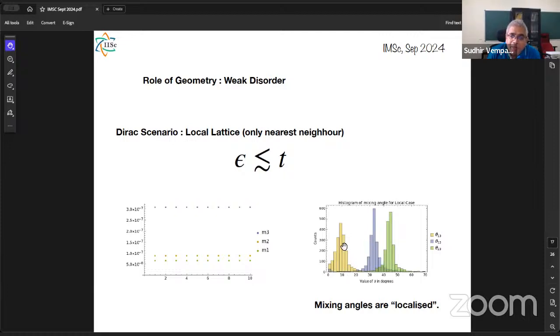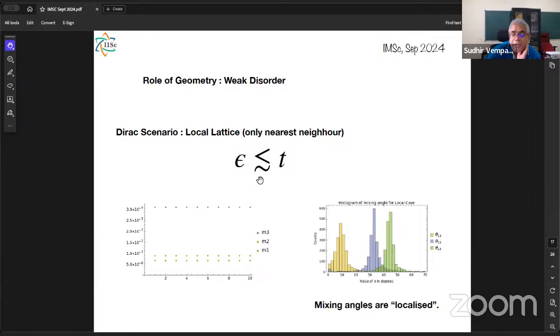You don't really have wave function localization, like an Anderson-like effect, but you can nicely generate localized mixing angles which fit the data very well. So here you see theta 12, theta 23, and theta 13 fitting the data very well, and the masses also pretty well.